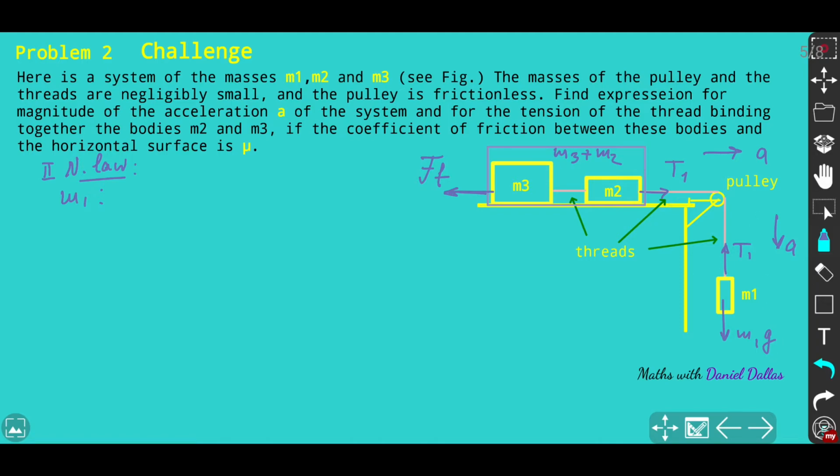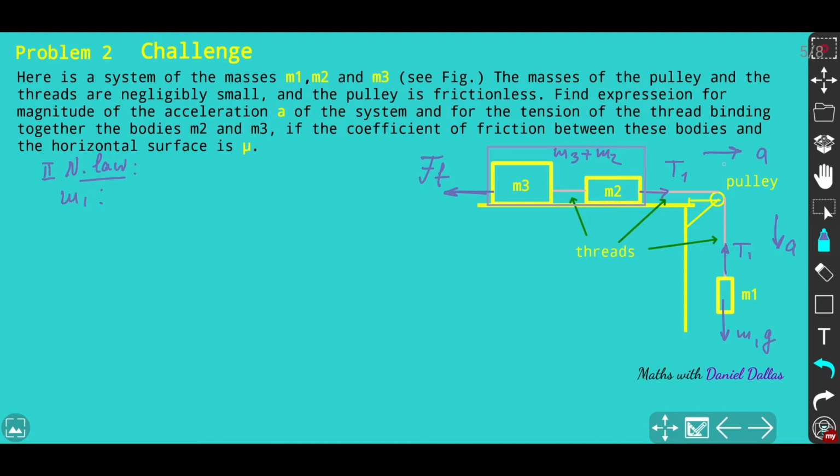And we understand that this string is inextensible and weightless. So we are going to consider that the whole system moves with the same acceleration at a given point of time. I mean, each part of this system is moving with the same acceleration in magnitude. However, the acceleration in direction is going to be different, of course.